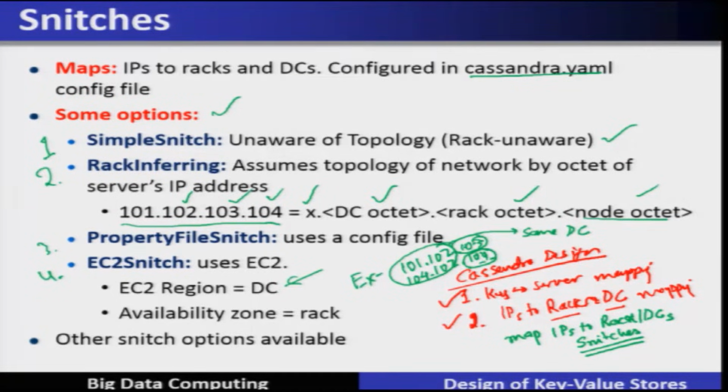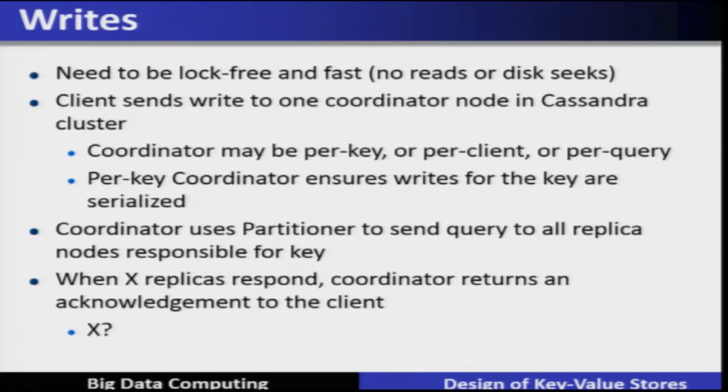The other is the availability zone, which tells which rack is used to store the data. There are various other snitch options available. We have just introduced some of the most commonly used snitches in Cassandra.